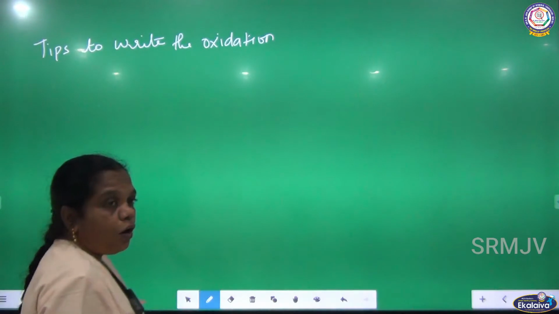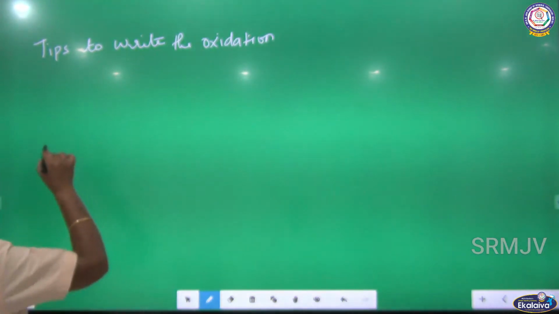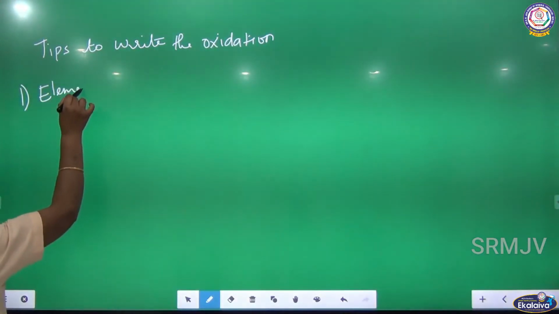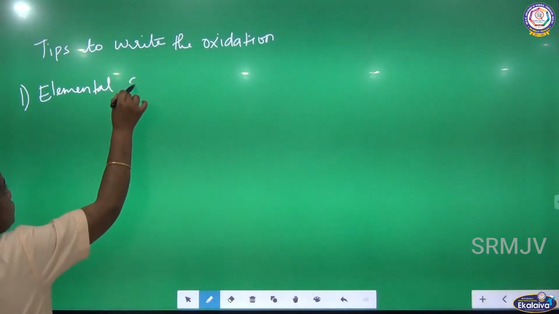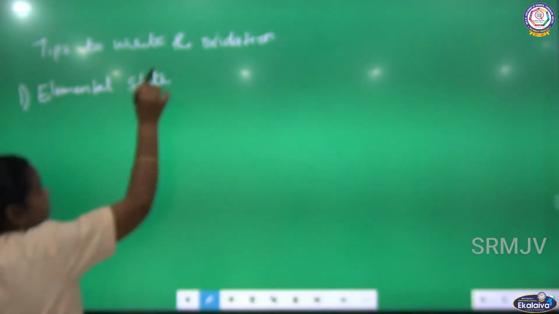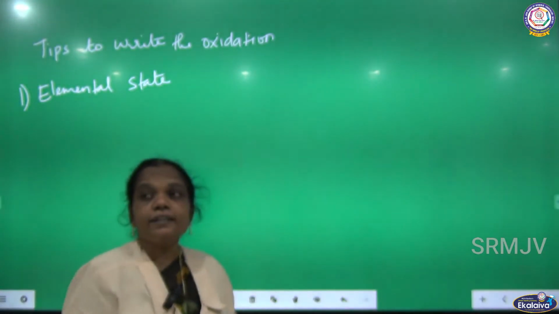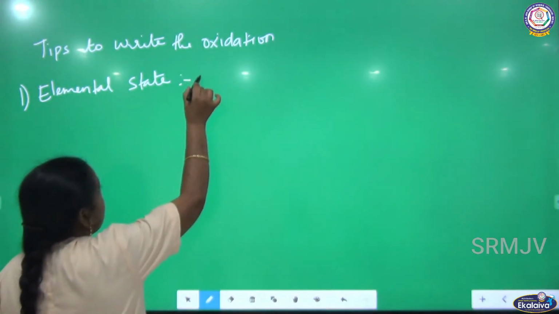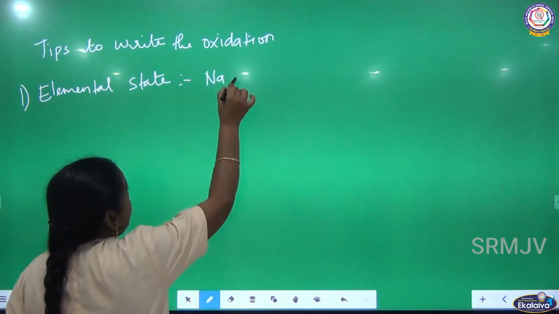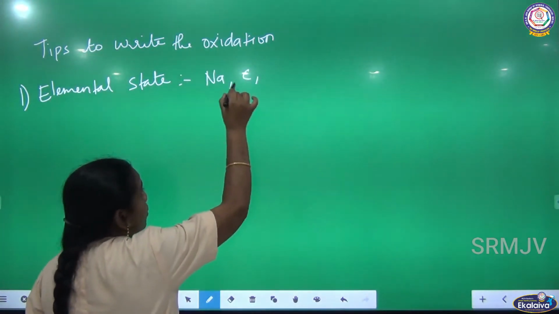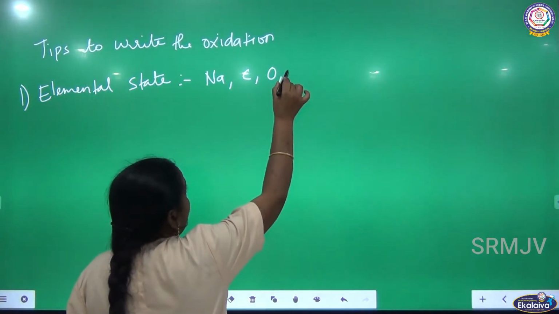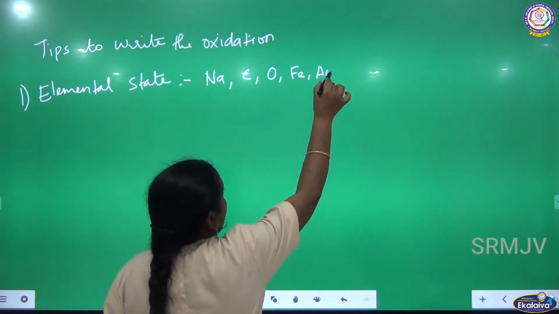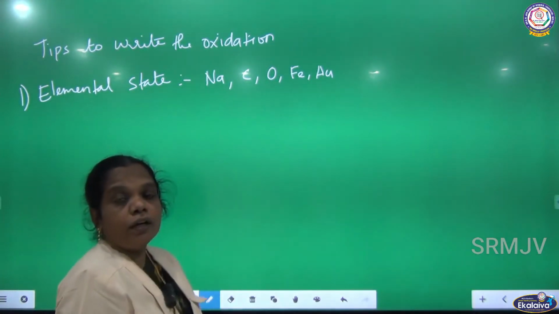First, you might know about the elemental state. The elemental state of all atoms is considered as zero oxidation. For example, sodium in the form of elemental state, carbon, oxygen, or iron, gold, like that they are found in the form of elemental state.